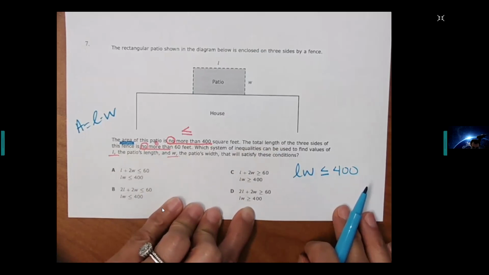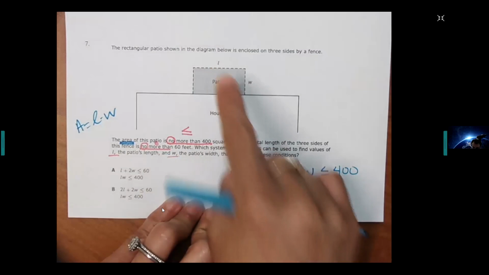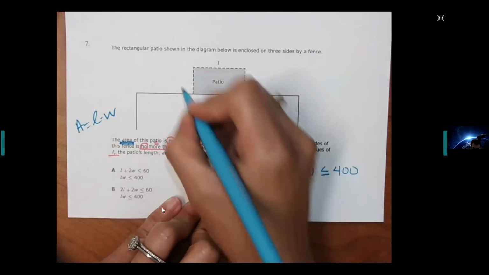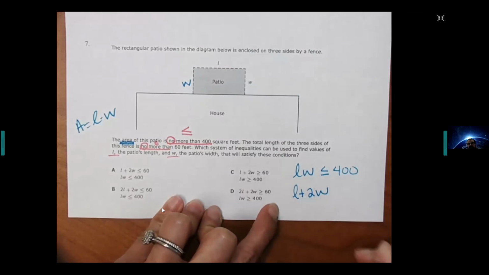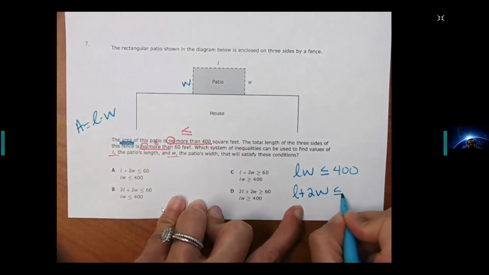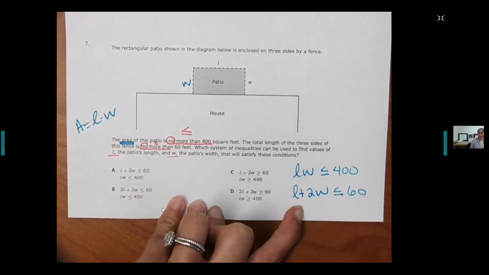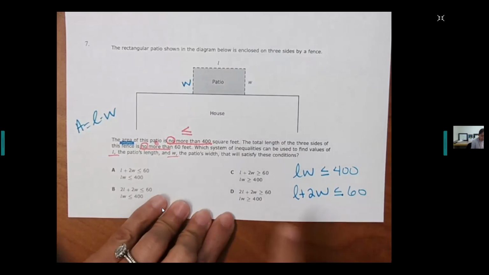Okay, three sides: we have one L marked on the graph, and it would be two W's. So L plus 2W is going to be less than or equal to 60. By the way, excellent catch, Mr. Alcarcas, that it's only one L and two W's.